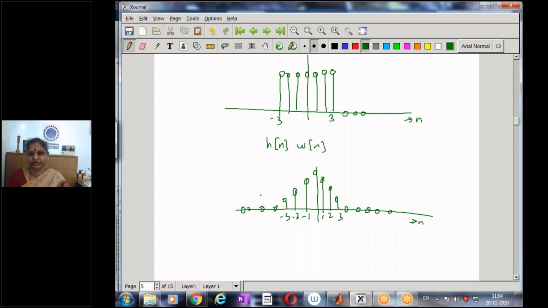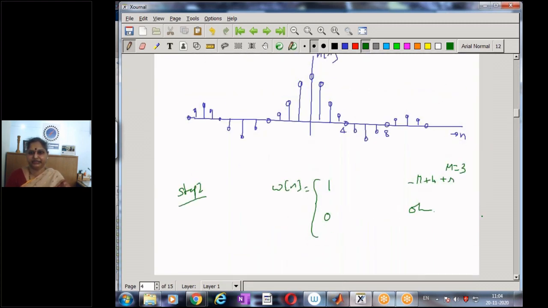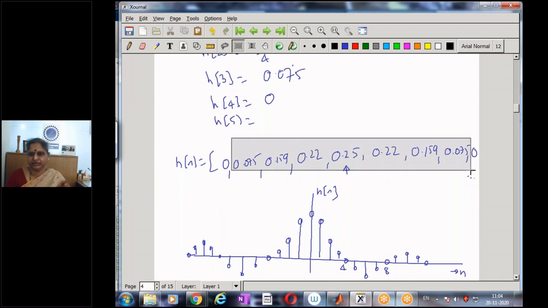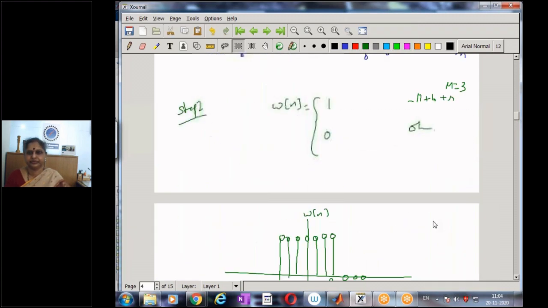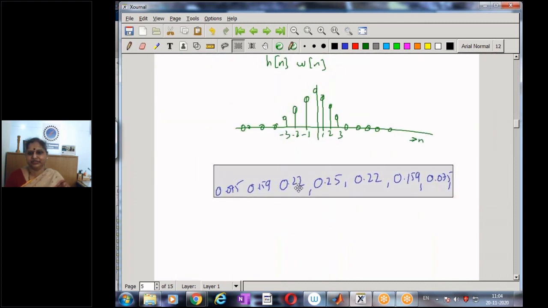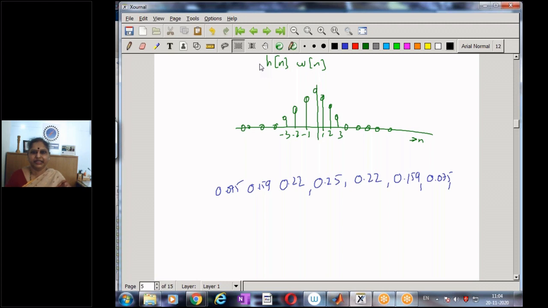So we take the product and then we have the finite duration FIR filter. Now I can write my filter as only these values. When I take the product, I just have these values.